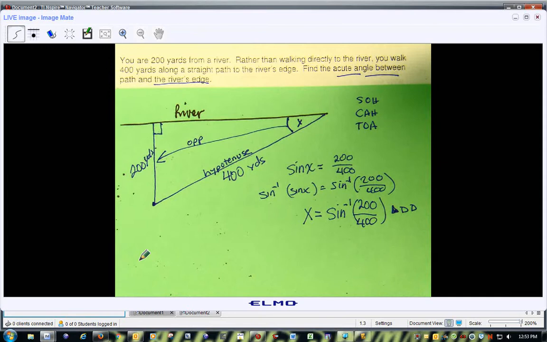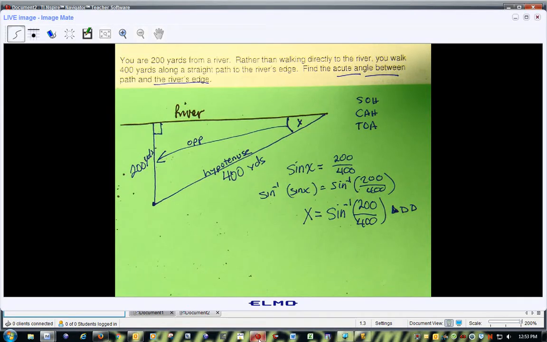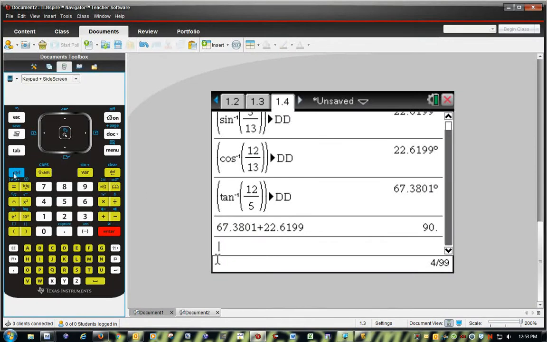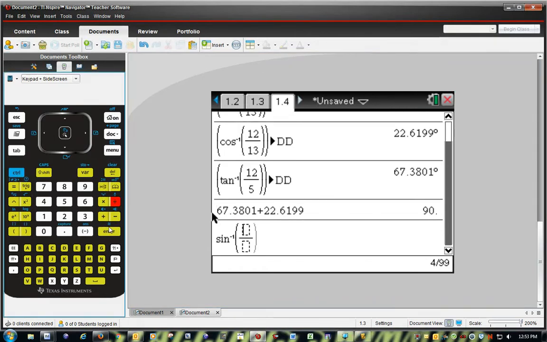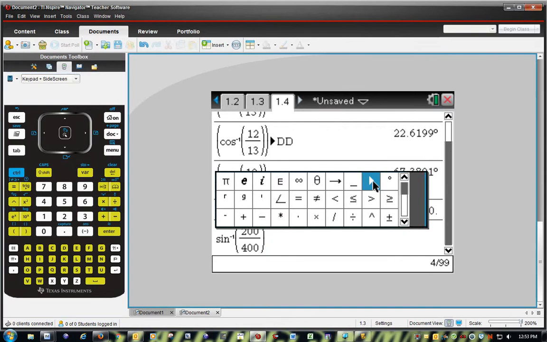So in the calculator, we'll go here. I need an inverse sine, so I'll get my inverse sine. I need a fraction, so I'll put a fraction in there by hitting Control Divide. 200 divided by 400. Then I'll move over here. Now I have to tell the calculator I want degrees as my answer, so Control Book, use the triangle, hit DD, and you got 30 degrees.